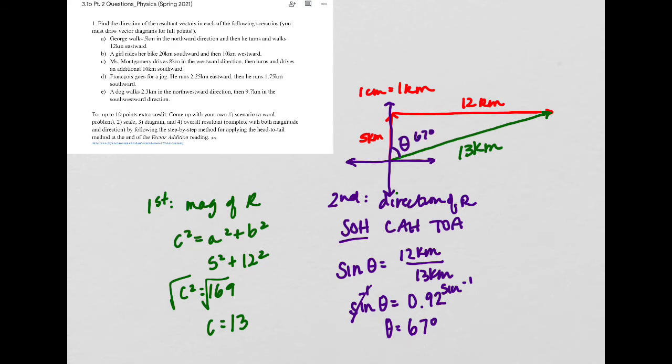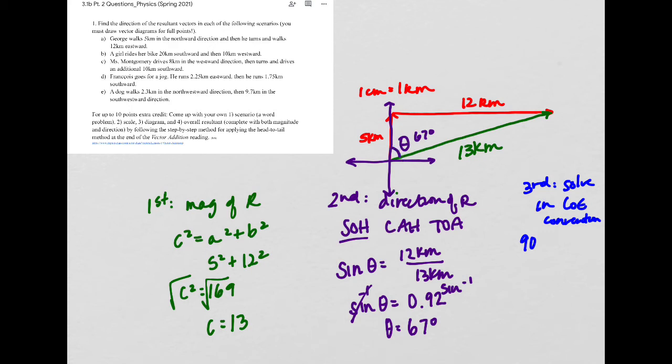Our third step here is to solve in the COE convention. In order to do that, we have 90 degrees in this quadrant. This whole angle here is 90 degrees, right?